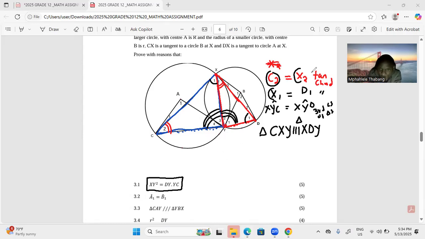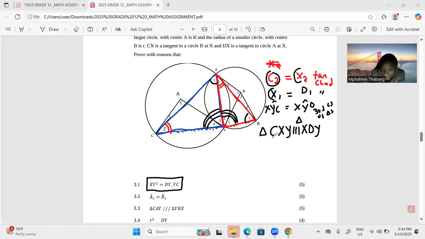Let's check. Now, because we have proven that the triangles are similar, we have a right to apply the theorem that says corresponding sides of similar triangles are in proportion.